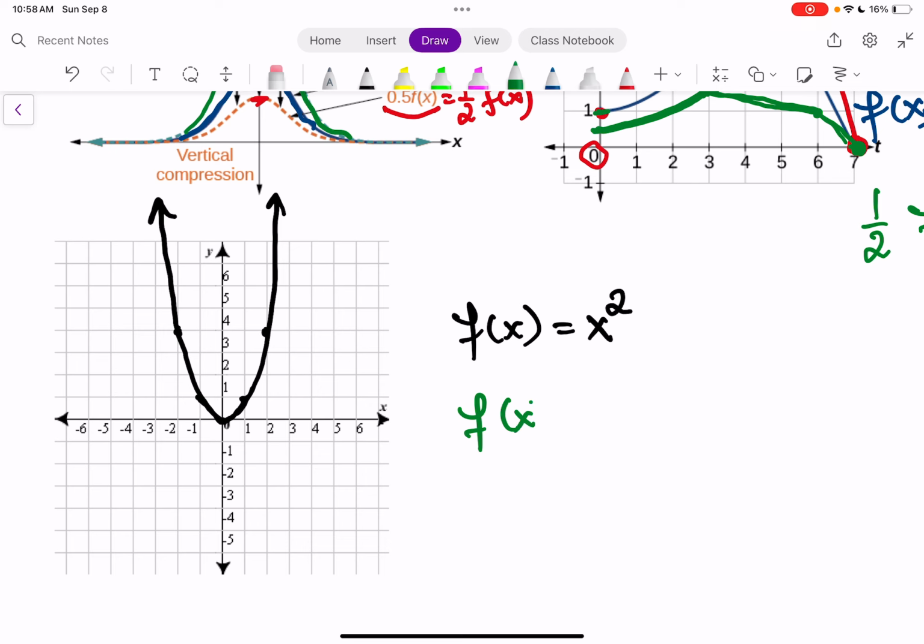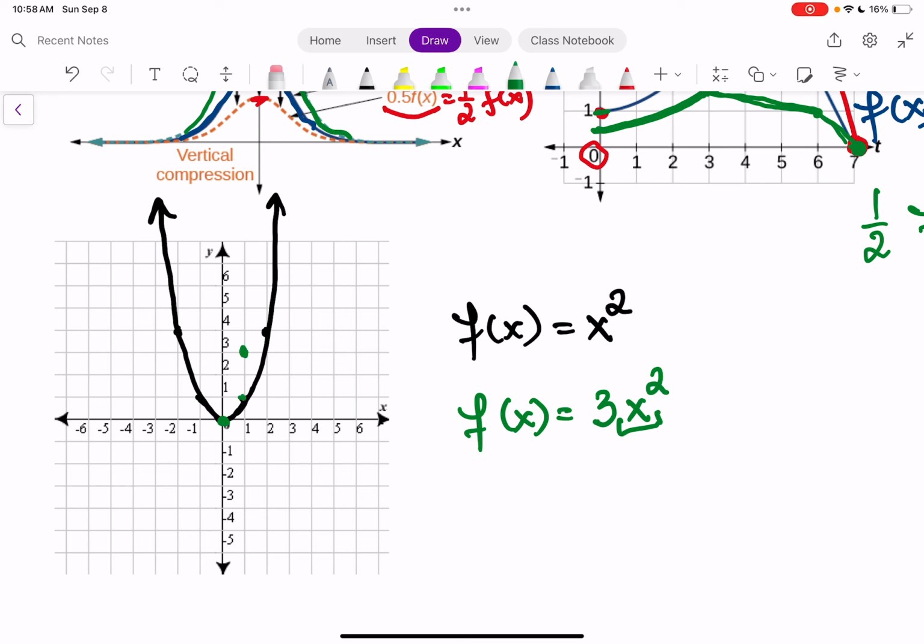How will the graph of it compare to 3 times x squared? So as you see, I'm multiplying 3 to all the x squares I had before. So in other words, to the y values I had before. So all the y coordinates are going to get multiplied by 3. This y coordinate is a 0, so it stays 0. This y coordinate is a 1.